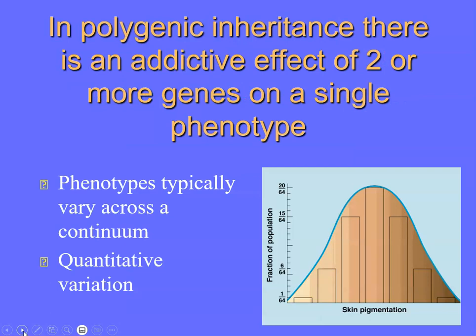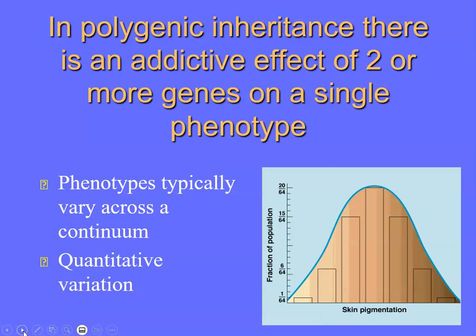Skin color is another type of inheritance that's determined by more than one gene, and this is called polygenic inheritance because there's an additive effect of these two or more genes on the single phenotype, which is your skin color. So what makes this different from epistasis, which was when you had the genes working together to produce a phenotypic result, here the phenotypes appear across a spectrum.